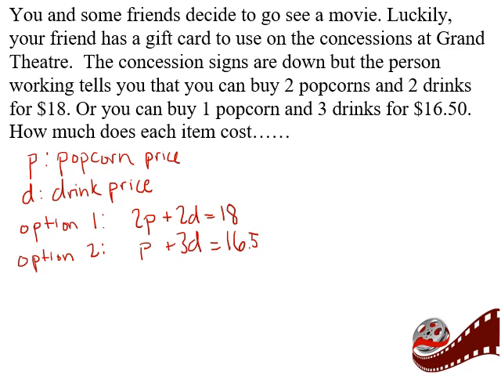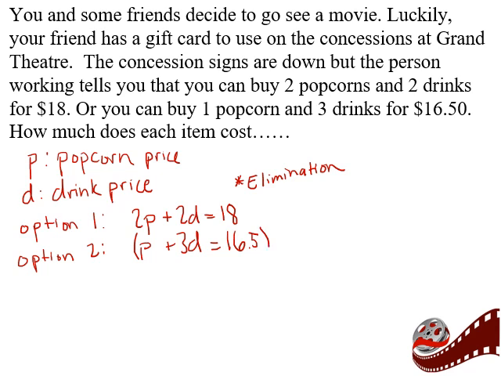From there, we're going to solve. That's our next step. We've got a couple different ways to solve this. I'm going to use elimination. So I'll just make a note that I'm going to use elimination. Remember, in elimination, we need the variables to cancel out.